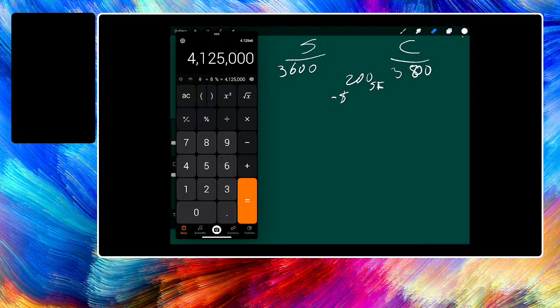That's taking 330,000 NOI divided by 8% cap rate. Tells us what we need to spend, no more than this, in order to get a cap rate of 8%. If we spend more than this, our cap rate's going to be different than 8%, right? If we spend less than this, it's going to change it too.